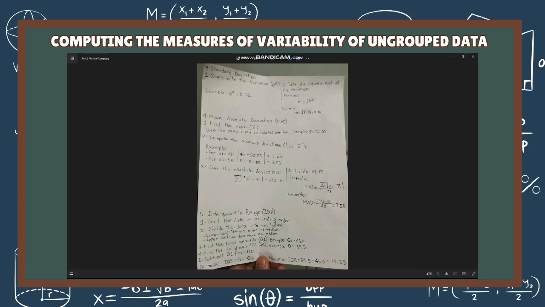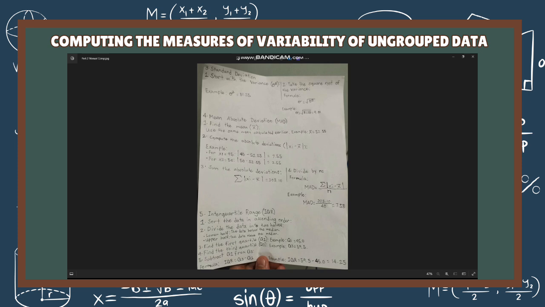Subtract the mean from each point and take the absolute value to avoid negatives. For example, for a few data points, as you can see, the mean 1 and the mean 2, the images shown below.